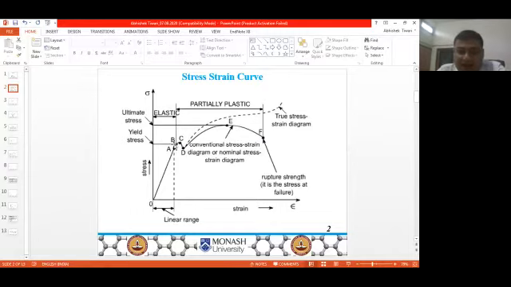Up to point B, if we are loading and unloading, then it will come back to its original position or original length. But after we have passed point B, there will be a permanent deformation in the sample. And if we unload it completely, still it will not reach its initial length.